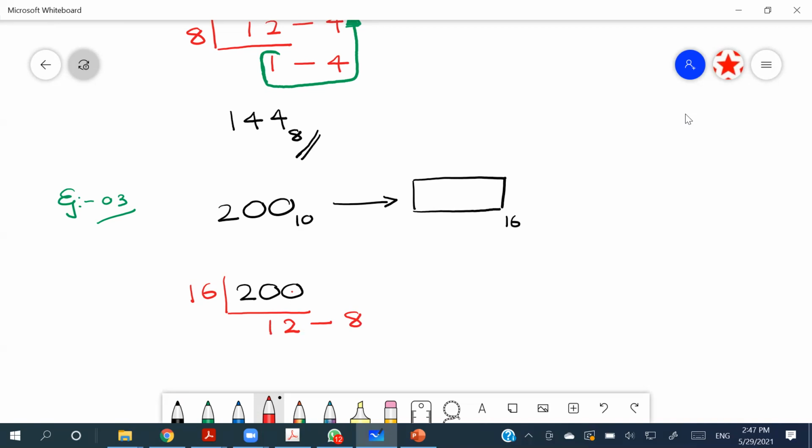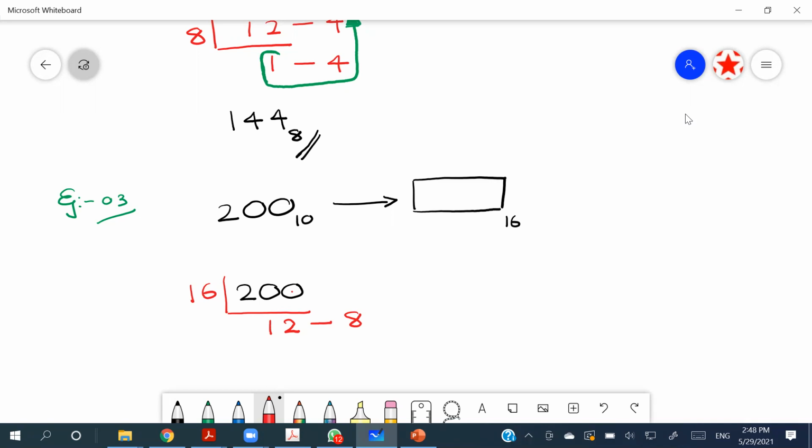No, we are not. Why are we not dividing this further? What is the reason? Because we found a value less than 16.